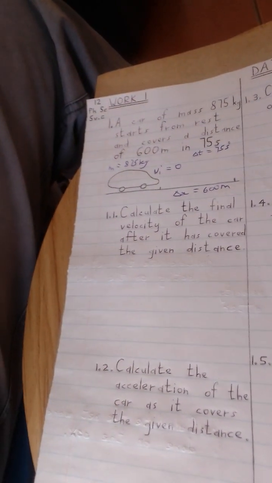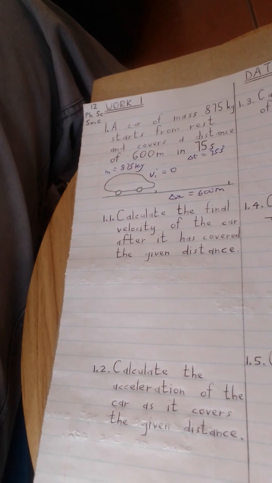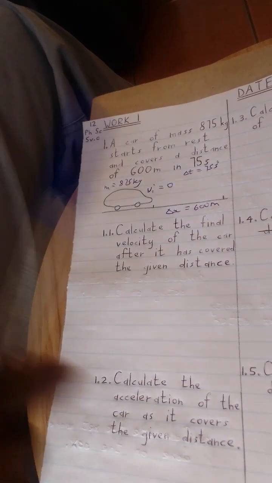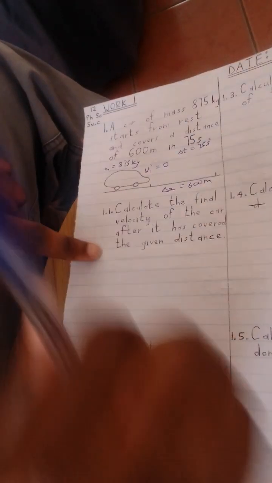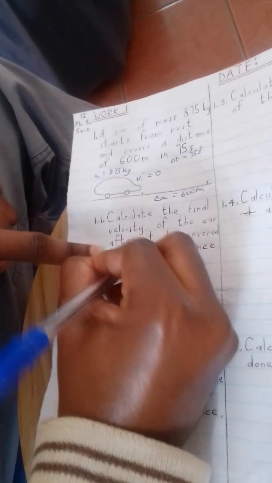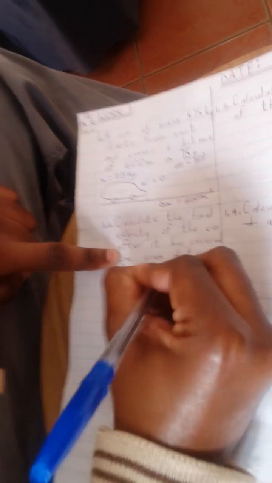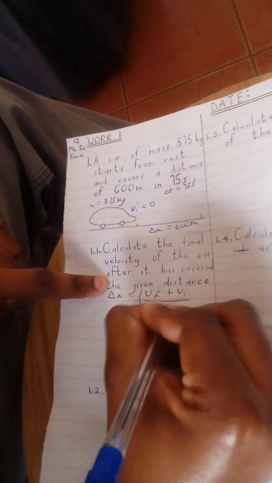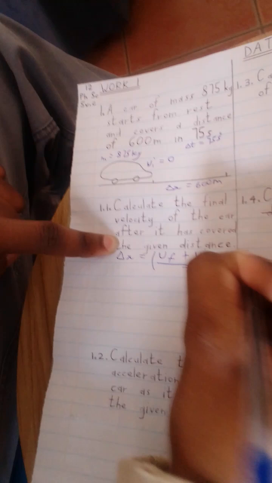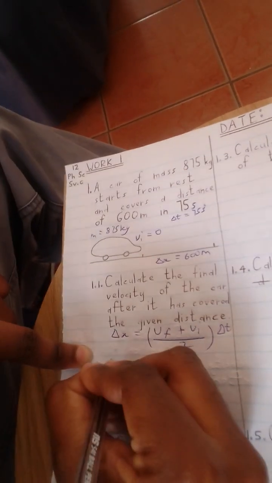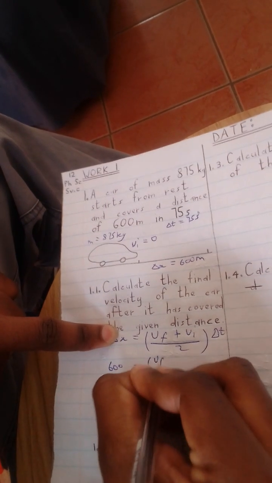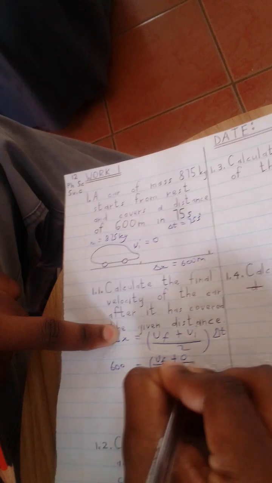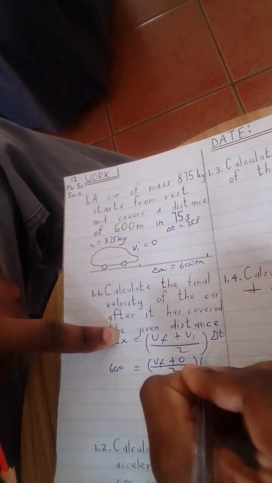So 1.1 states, calculate the final velocity of the car after it has covered the given distance. We have the initial velocity, delta x, and delta t. So we're going to say delta x equals Vf plus Vi over 2, times delta t. 600 equals Vf, plus Vi which is 0, over 2, times 75.